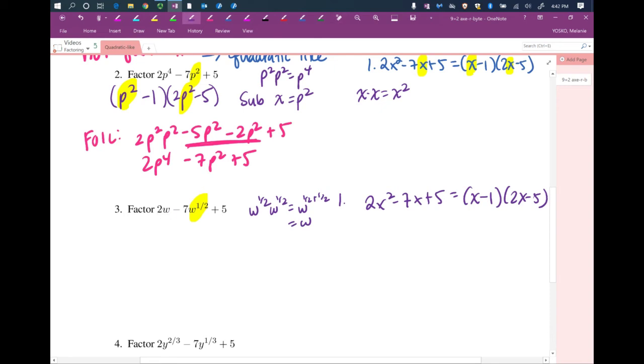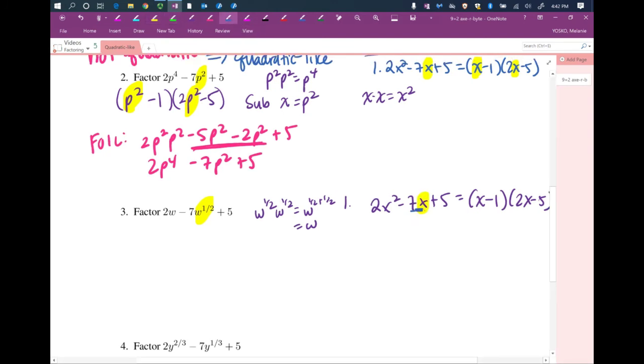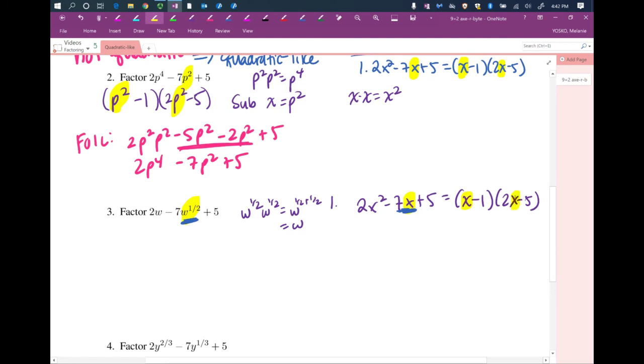So the x here has been replaced with the w to the 1/2. We're going to take the x's in our factorization and rewrite them as w to the 1/2. So this is w to the 1/2 minus 1 times 2w to the 1/2 minus 5.